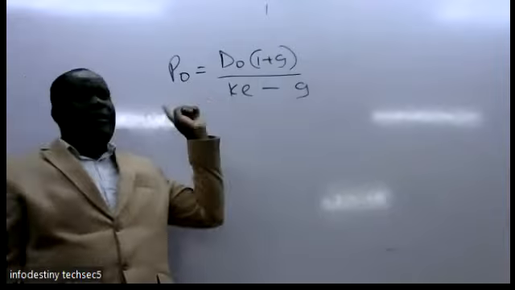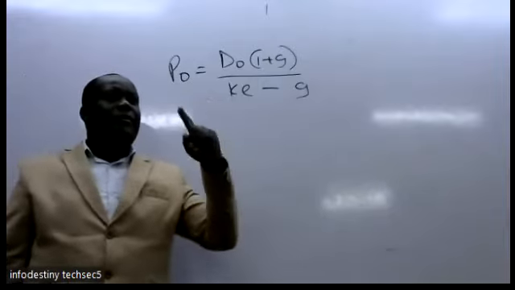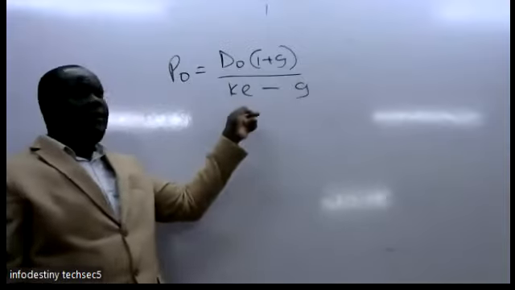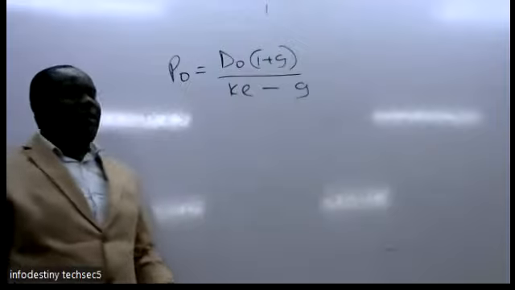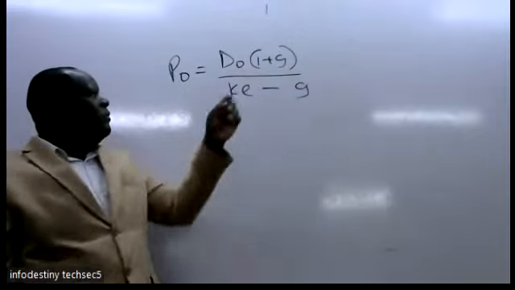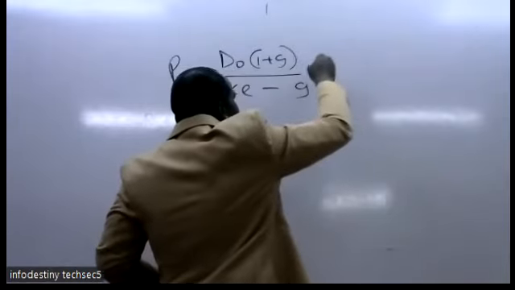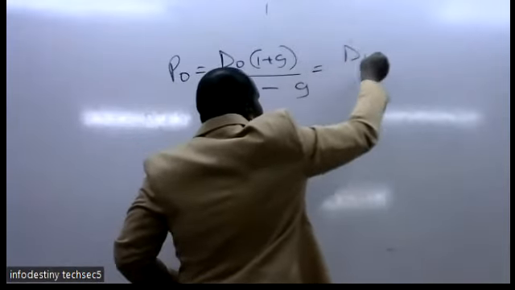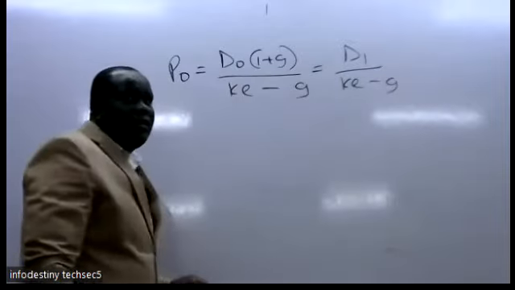So this formula, you have some knowledge about it. When you are calculating the cost of the ordinary share, that was Ke. So you make P0 the subject, whereby that D0, when you increase it by the growth rate, will definitely be D1 divided by Ke minus g.